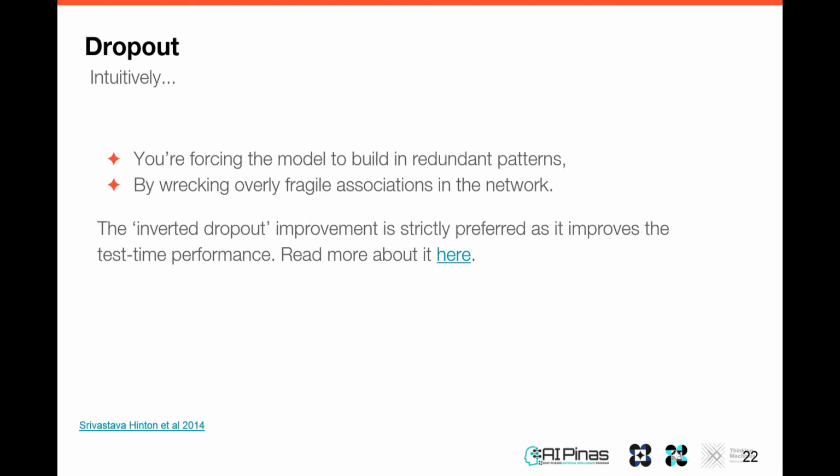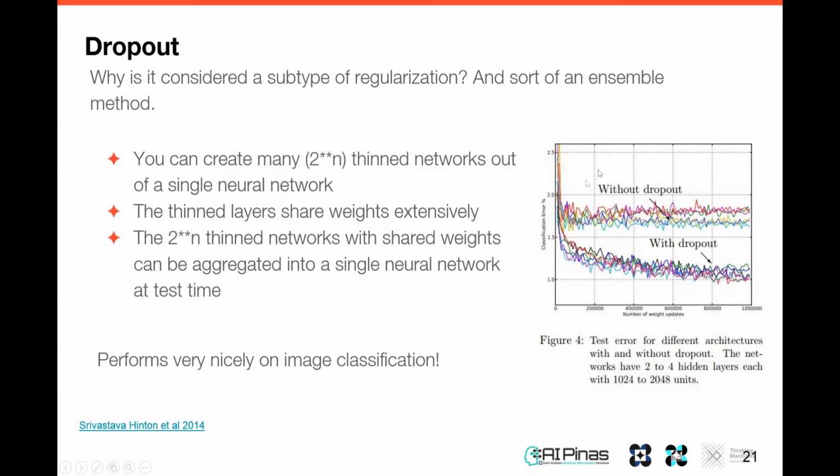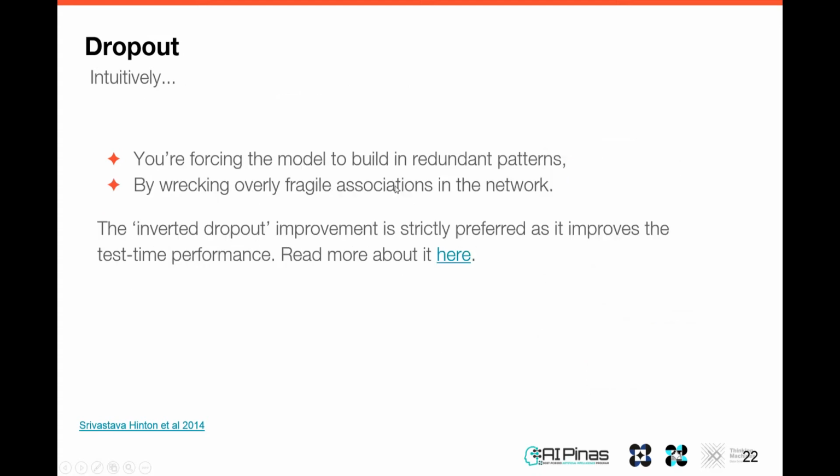This method of dropout is easier to explain, but there's another method called inverted dropout that is strictly preferred, as it improves test time performance. Think about what it takes to train 2 to the n sub-neural networks from a neural network. That is expensive. It's linked here how to implement inverted dropout, but the basic intuition is the same.